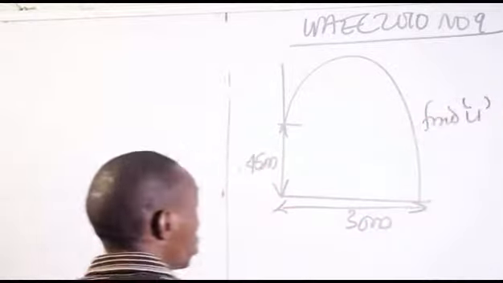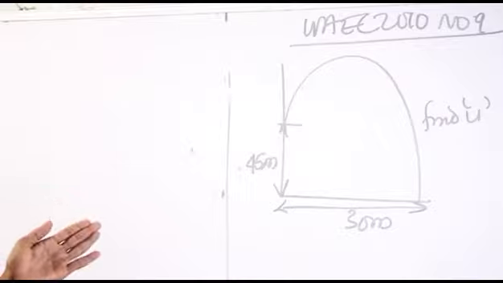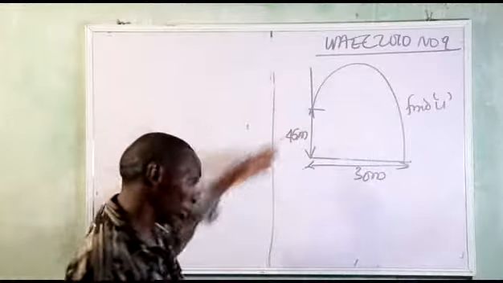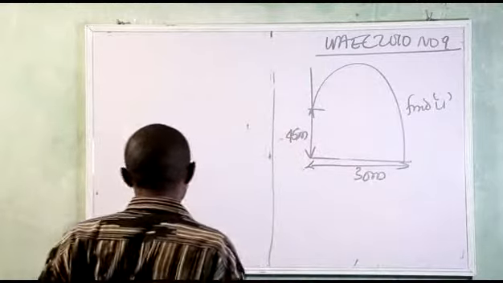Similar to that question. Only that in that question, we are given the velocity, we are not given the height of the cliff. Here we are given the range and the height, no velocity. The same approach, the same method.